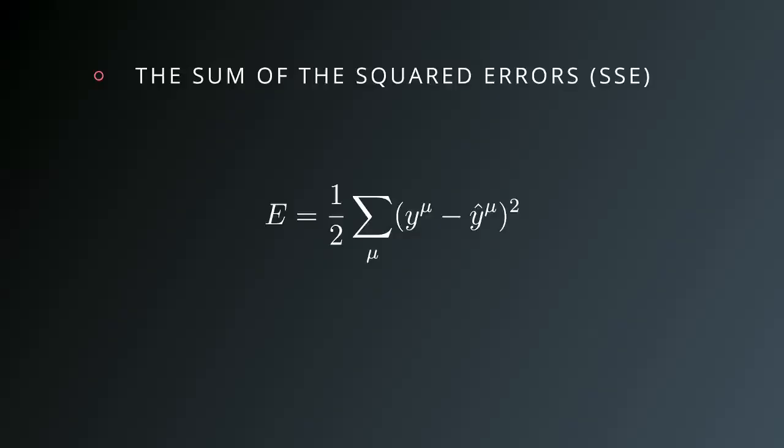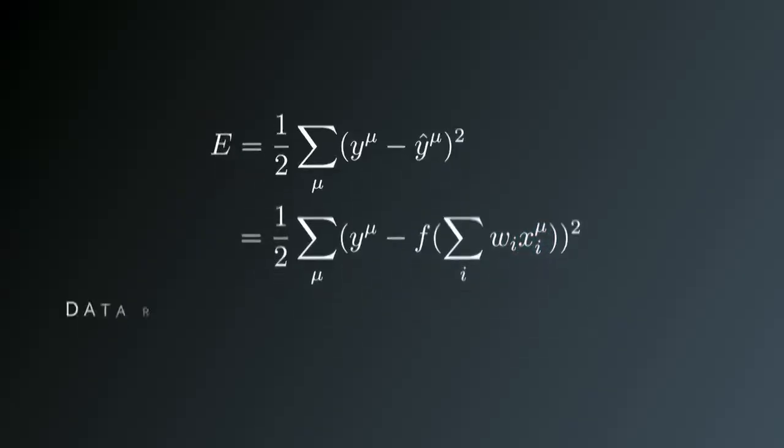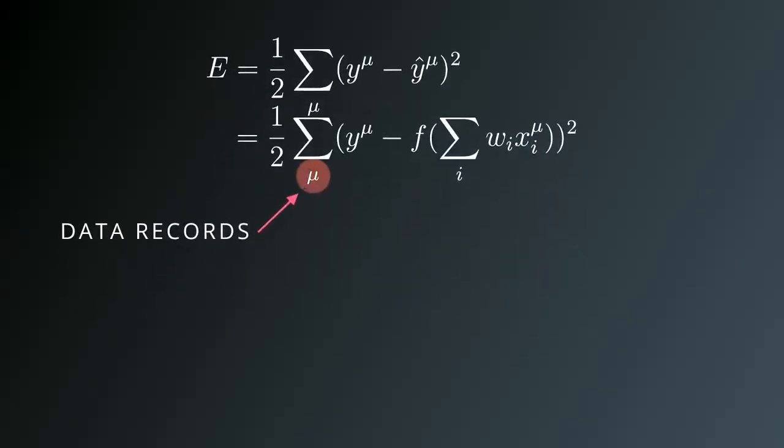of the squared errors. Remember that y hat is the linear combination of the weights and inputs passed through the activation function. We can substitute it in here, then we see that the error depends on the weights, wi, and the input values, xi. As I said before, the data records are represented by the Greek letter mu.